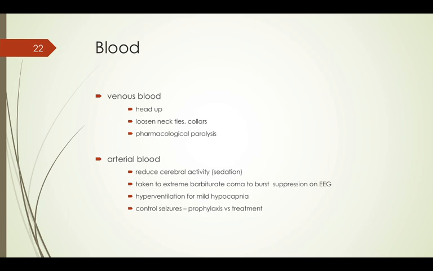Blood: you've got venous and arterial. How can we manipulate the venous blood? Loosen the neckties, collars, keeping the head up would allow more drainage. Or with arterial blood, sedating someone, and maybe hyperventilation, because the lack of CO2 causes a vasoconstriction of the arteries.